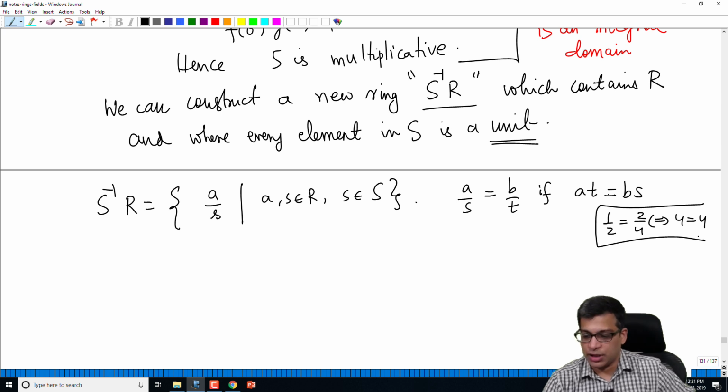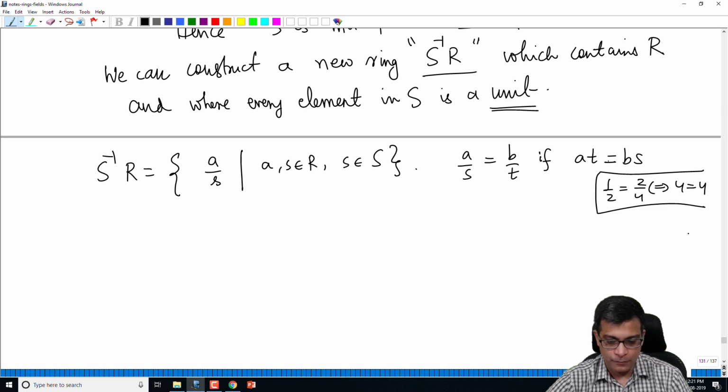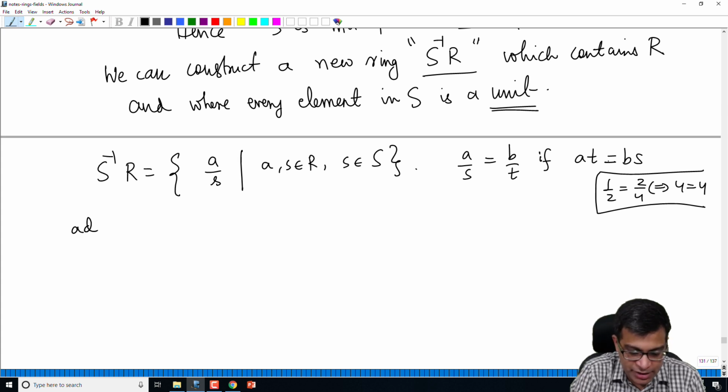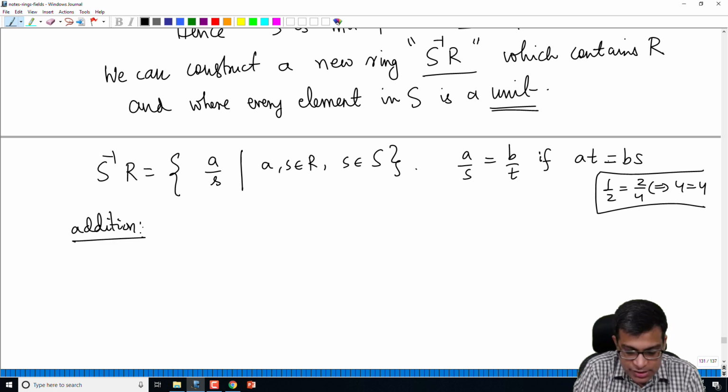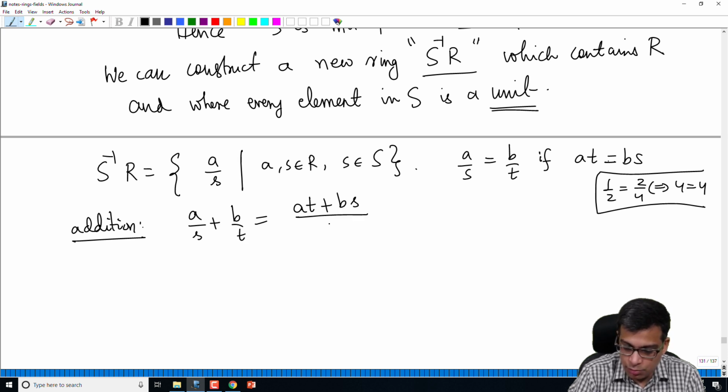So two ratios are considered equal if their cross products are equal. This is the set. Addition on this, again, exactly mimics the construction of rational numbers: A by S plus B by T is AT plus BS by ST.